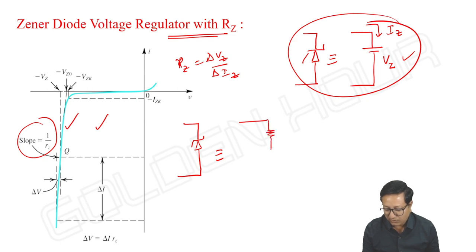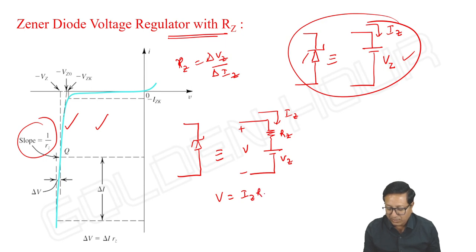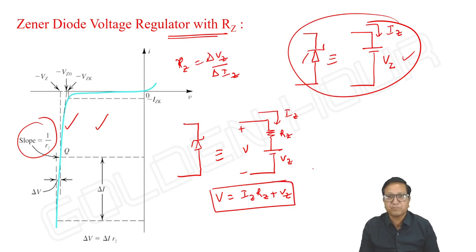This point I have already mentioned. It is Vz in series with Rz, and the current going through this is Iz, and let V be the voltage across the Zener diode instead of Vz. V is equal to Iz into Rz plus Vz.